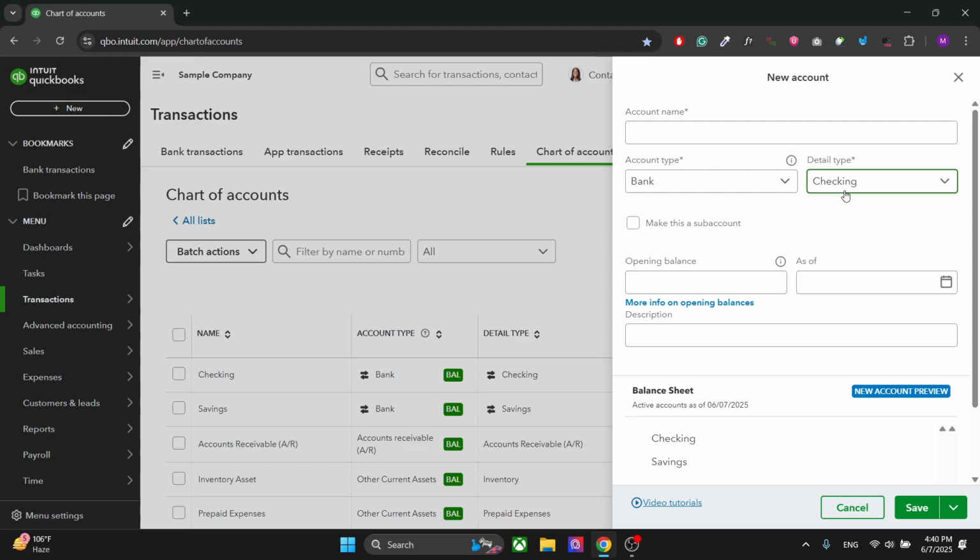Similarly, let's say a freelancer receives a $3,000 direct deposit for services rendered, that will be added here as well. So use this for the main business bank account where most transactions occur. It is ideal for businesses that need to pay vendors, employees, or other expenses regularly, and also use it when you reconcile bank statements, as checking typically has frequent activity.